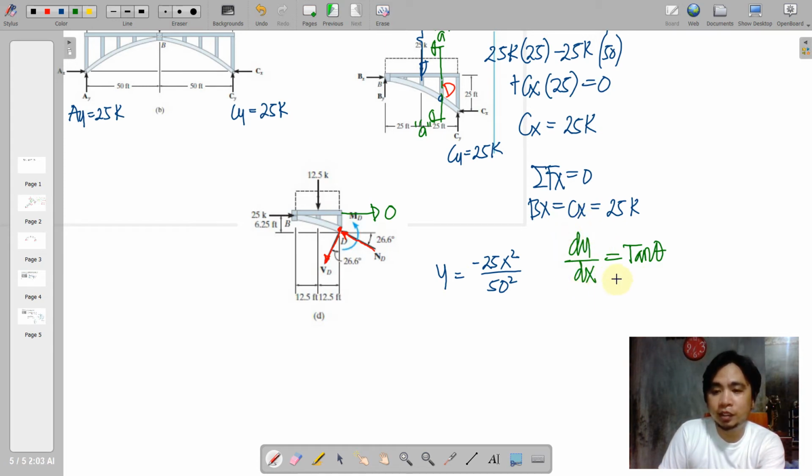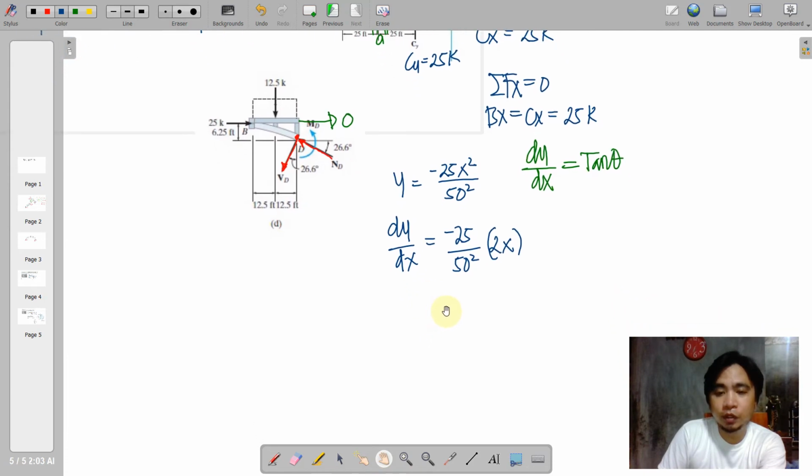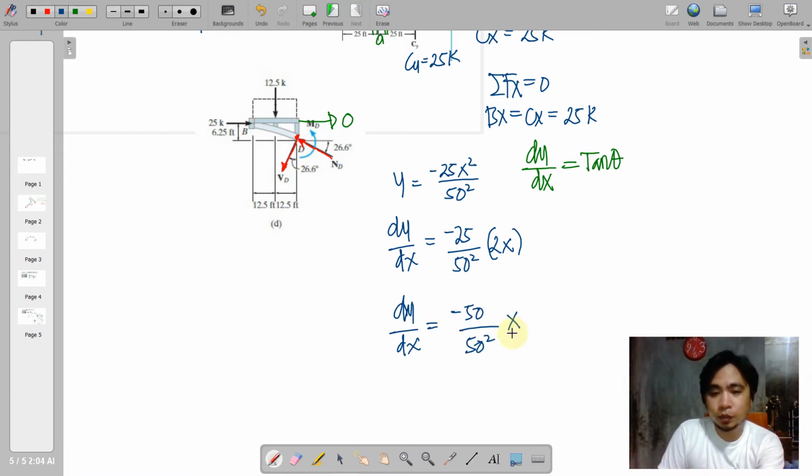So we derive y with respect to x, and that becomes dy over dx. We copy the constant and then derive x squared, and the derivative of x squared is 2x. And further, if we simplify this, 25 times 2 is negative 50 all over 50 squared, and we have a result of this one.